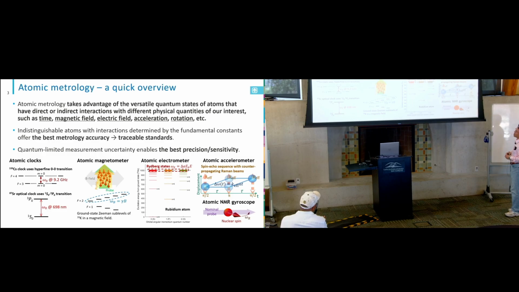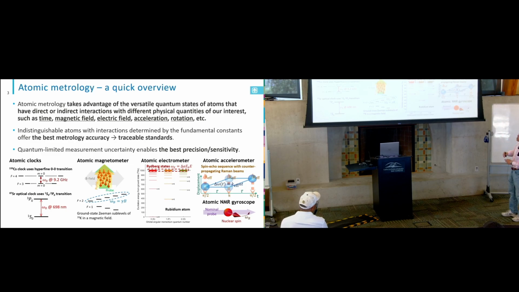So if atoms are all the same, that means we can use them to make calibration-free or traceable standard sensors, because they are only defined by the fundamental constants. So we'll be able to achieve the best metrology accuracy, because in principle, if they only rely on the fundamental constants, then we don't need to calibrate. But of course, the fundamental constants may be changing over time, which we don't know. But at least currently, we think they are pretty much like constants.